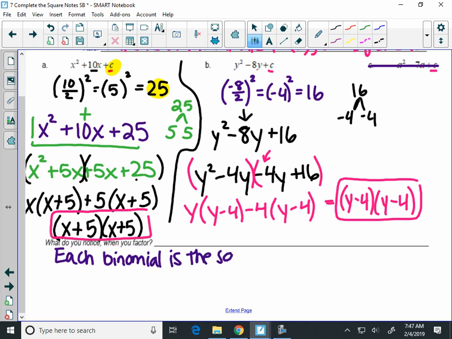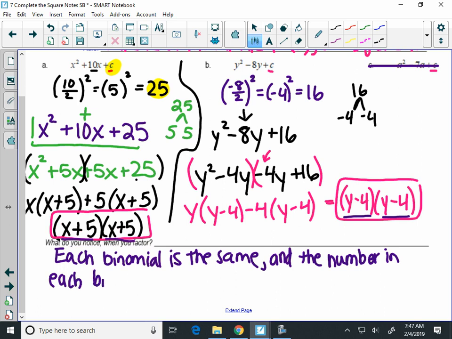Alright, so that's what I mean there, is that I have x plus 5 times x plus 5. Each of those is the same. Y minus 4 times y minus 4. And the number in each binomial is half of the middle term.